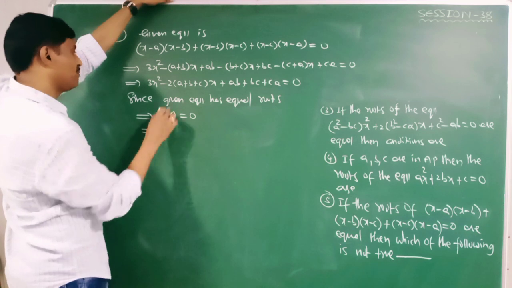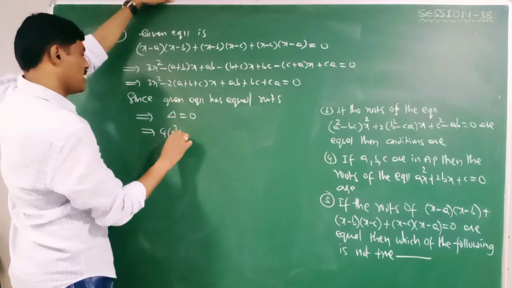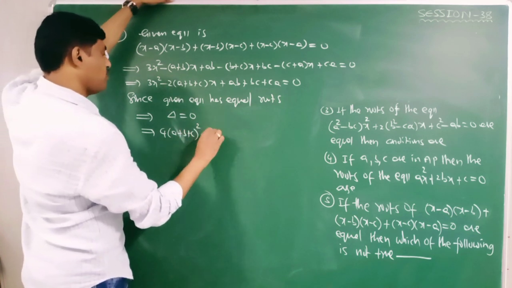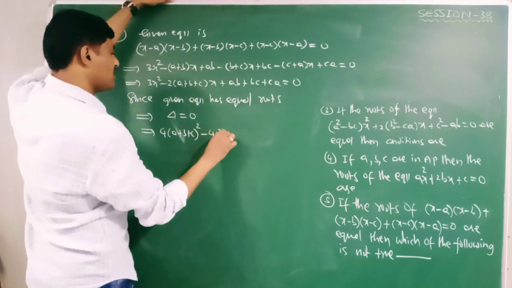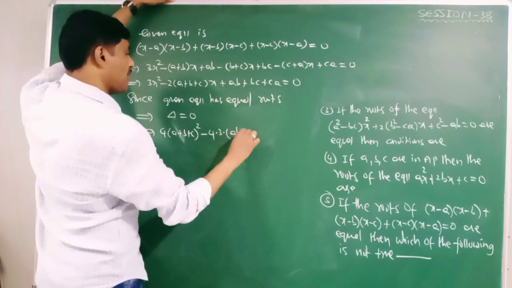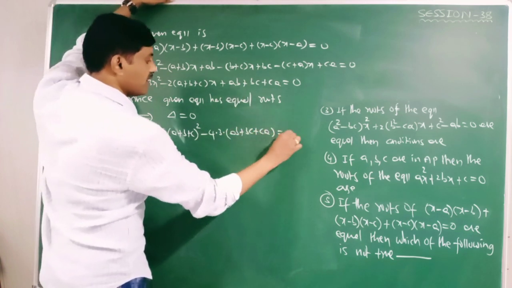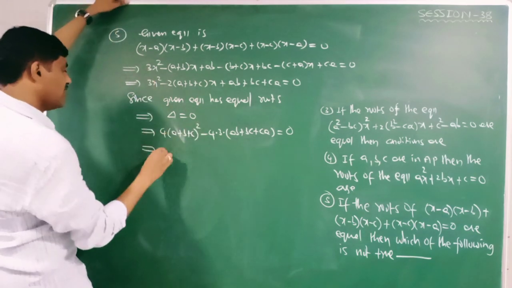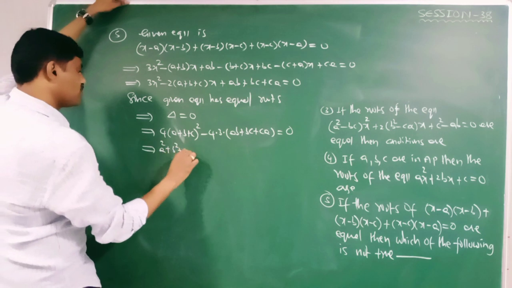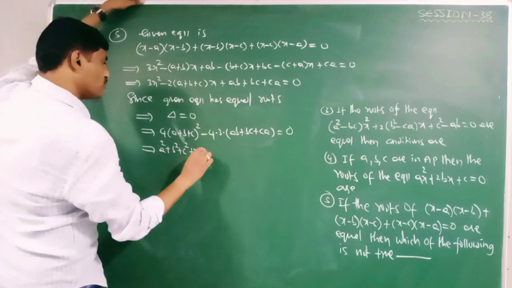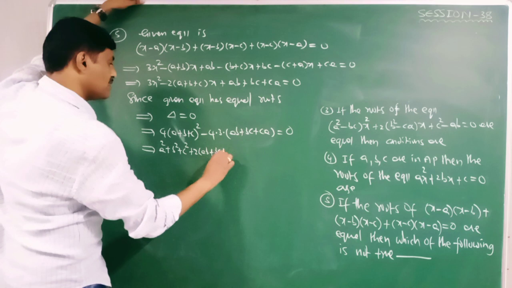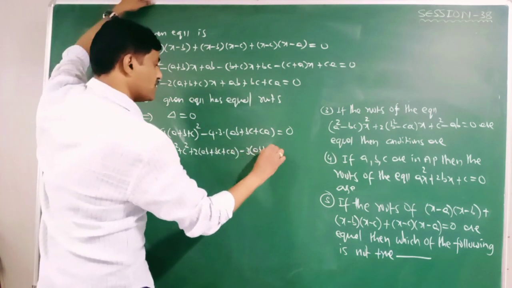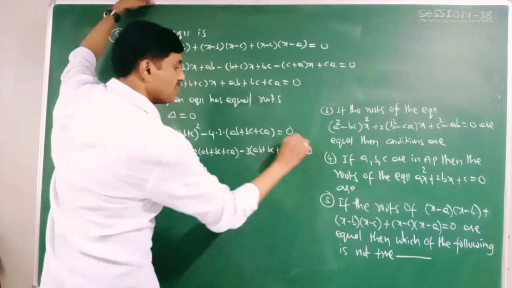Delta is 4 times (a plus b plus c) whole square minus 4 times 3 times (ab plus bc plus ca) is equal to 0. The 4 cancels on that side. Once you expand, a square plus b square plus c square plus 2 times (ab plus bc plus ca) minus 3 times (ab plus bc plus ca) is equal to 0.